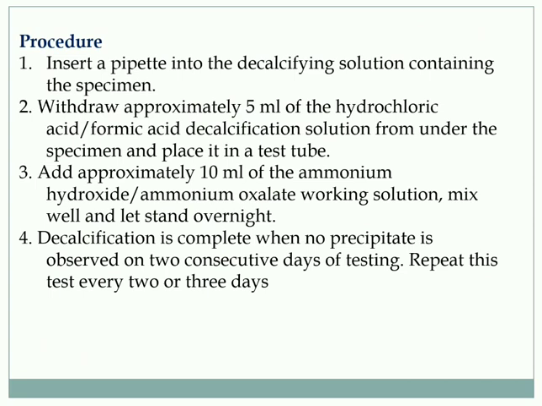Mix well and let it stand overnight. The ammonium hydroxide ammonium oxalate solution is crystal clear. Decalcification is complete when no precipitate is observed on 2 consecutive days of testing.